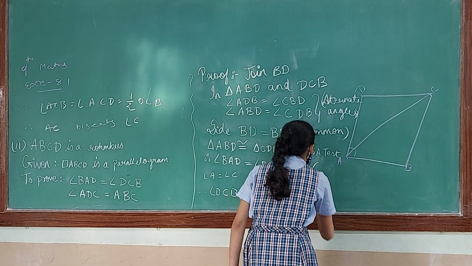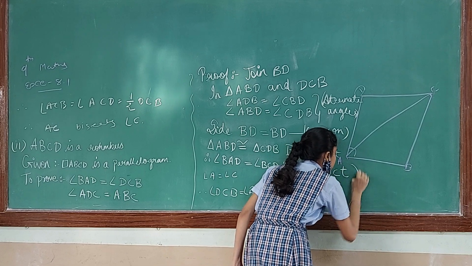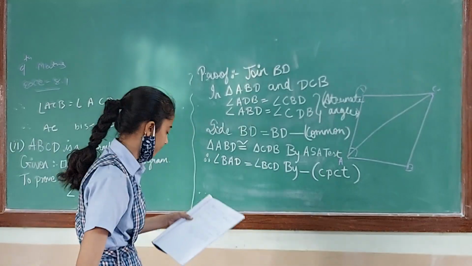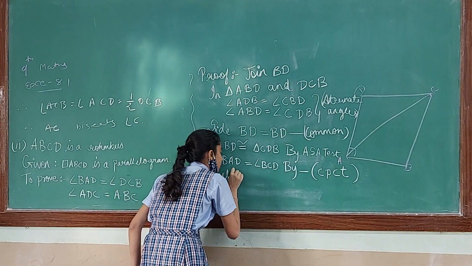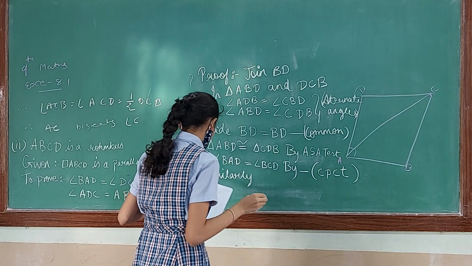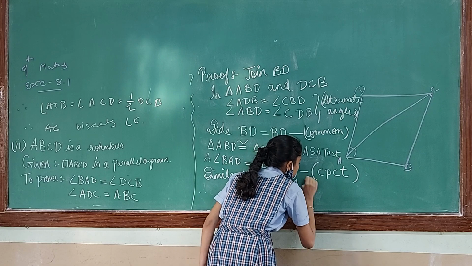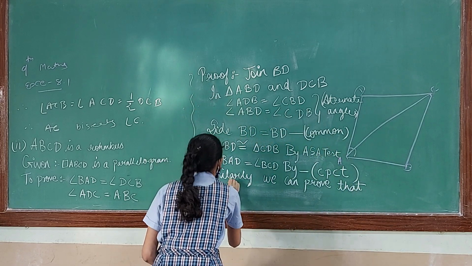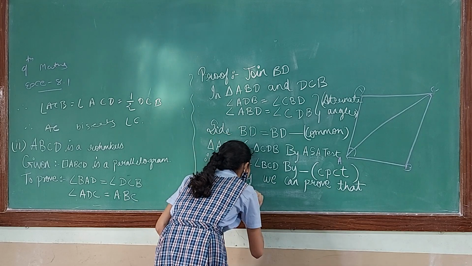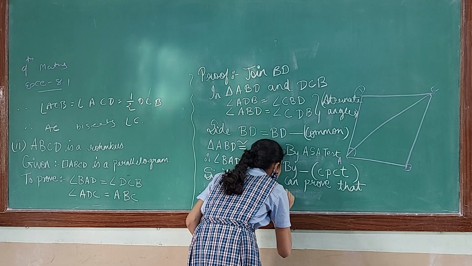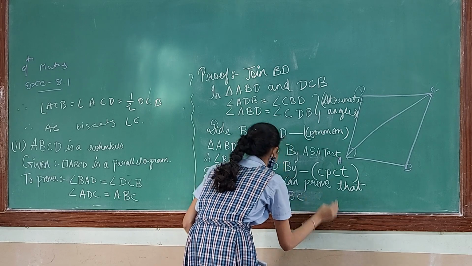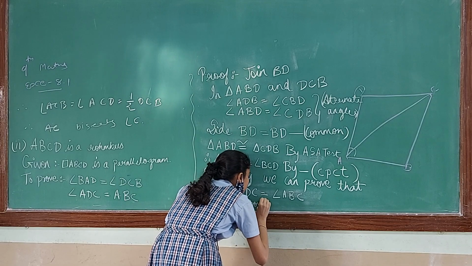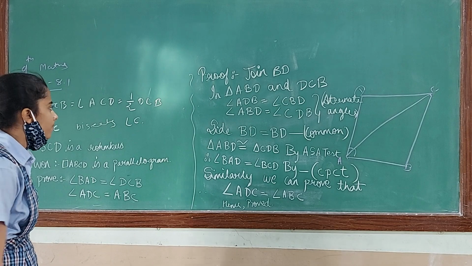So using that theory, the ASA theorem, angle ABC and angle ADC are equal.